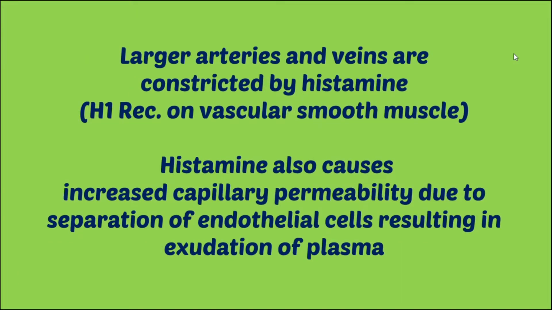Moving on, large arteries and veins are constricted by histamine. As I said, small blood vessels are dilated, but large arteries and veins are constricted by histamine. Histamine also causes increased capillary permeability due to separation of endothelial cells, resulting in exudation of plasma. Let's talk about this with the example of a mosquito bite.